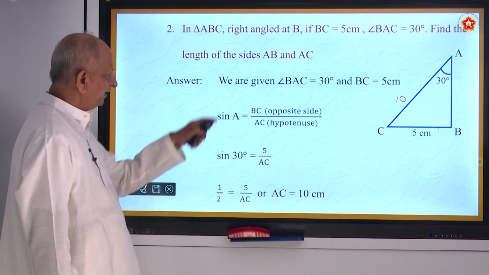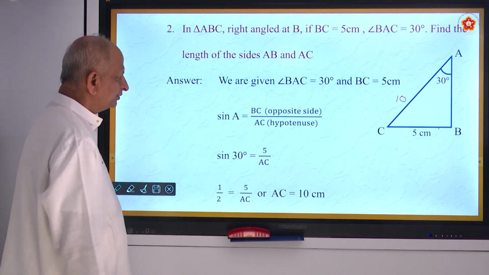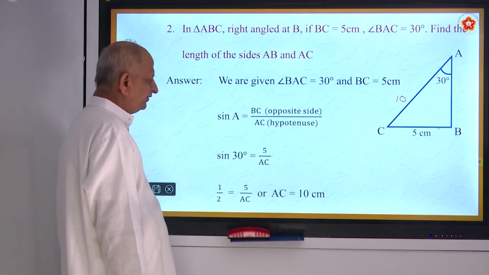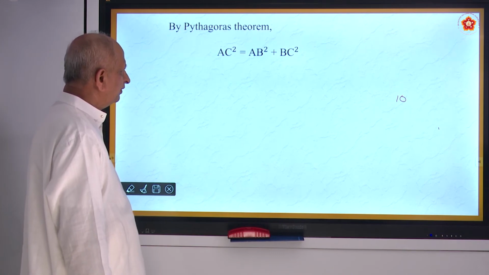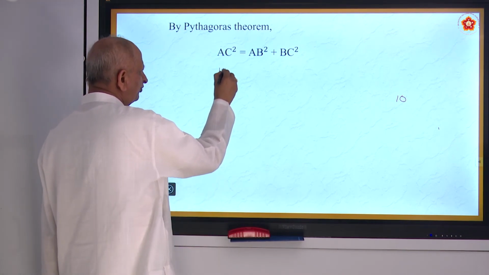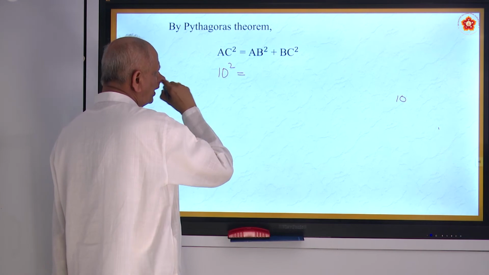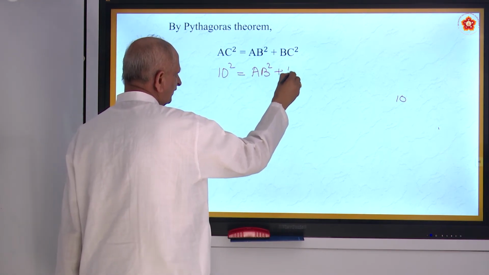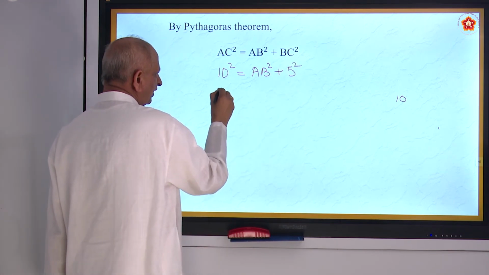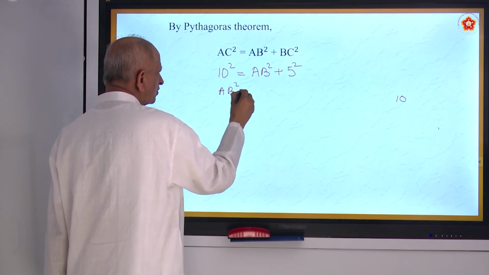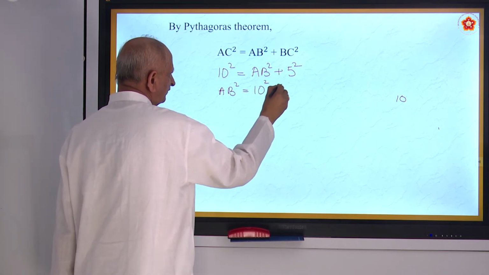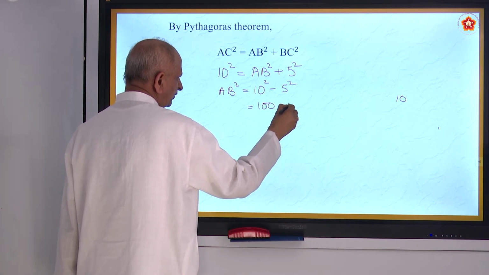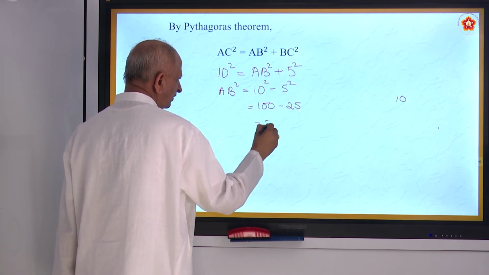So to find out AB, you have to subtract BC square from AC square. AC is 10 square, and AB you don't know, BC is 5. So AB square is equal to 10 square minus 5 square, that is 100 minus 25, that is 75.